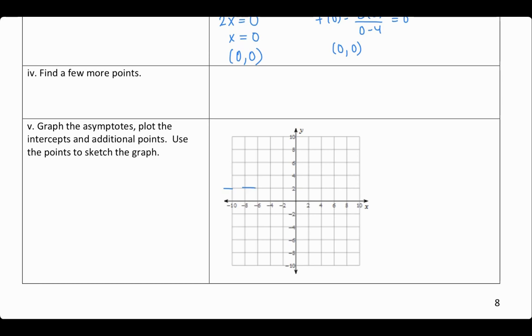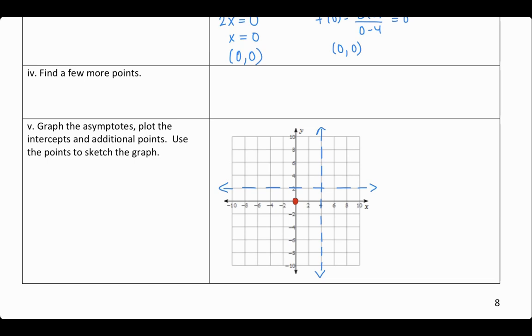So I'm going to say, okay, at y equals 2, my graph, at least in the end, is going to approach that line. We had a vertical asymptote at x equals 4. So I'm going to draw myself a vertical line at x equals 4. We have an x-intercept of 0 and y-intercept at 0.